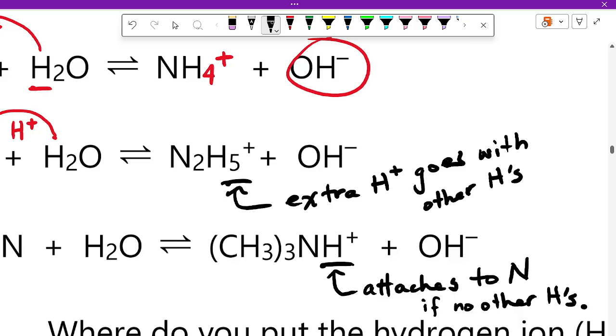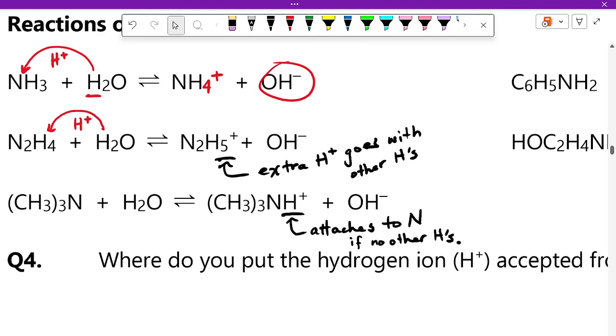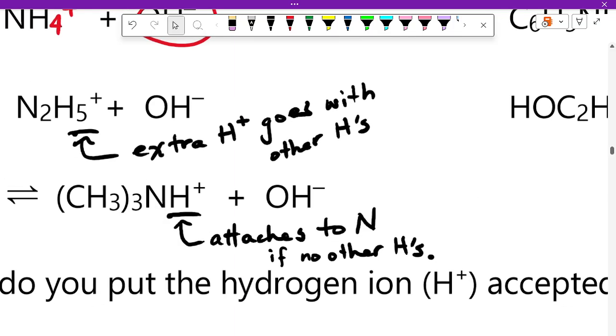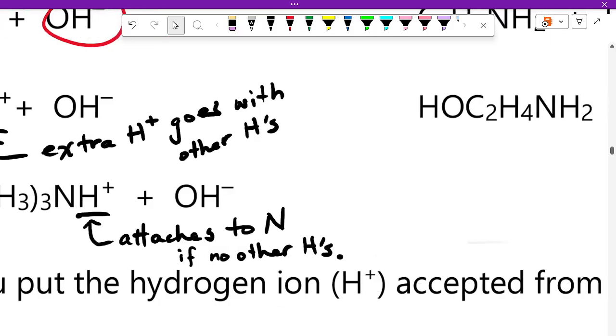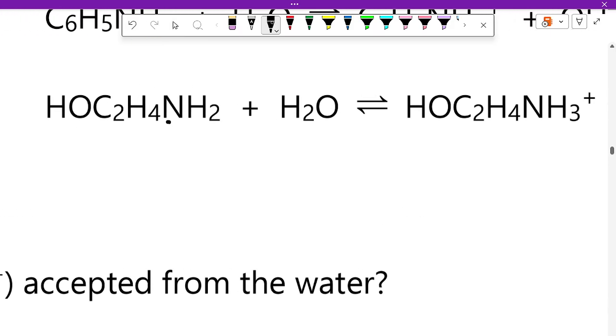This is just in terms of writing the formula. It always attaches to the N. And you can see over here, once again, here's my N, and the hydrogen attaches to the N, and it just gets written along with the other H's.